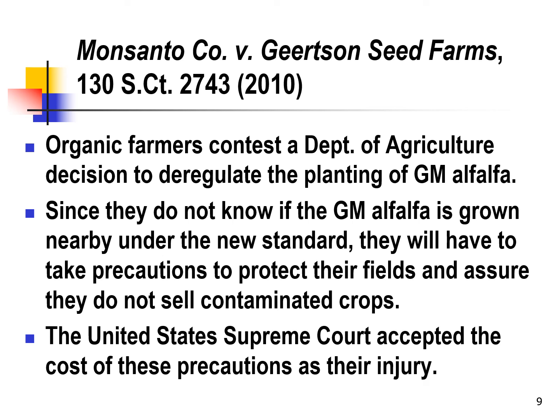Monsanto versus Geertson Seed. This is a fight over genetically modified alfalfa. Organic farmers have to be able to certify that their crops are free of contamination with GMO organisms. The farmers were concerned that if the Department of Agriculture deregulated the planting of genetically modified alfalfa, they would not be able to know if their neighbors were growing GMO alfalfa.